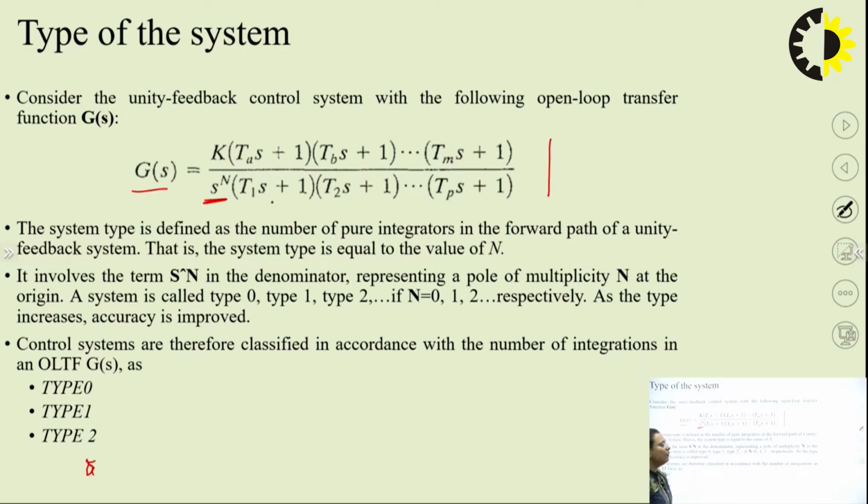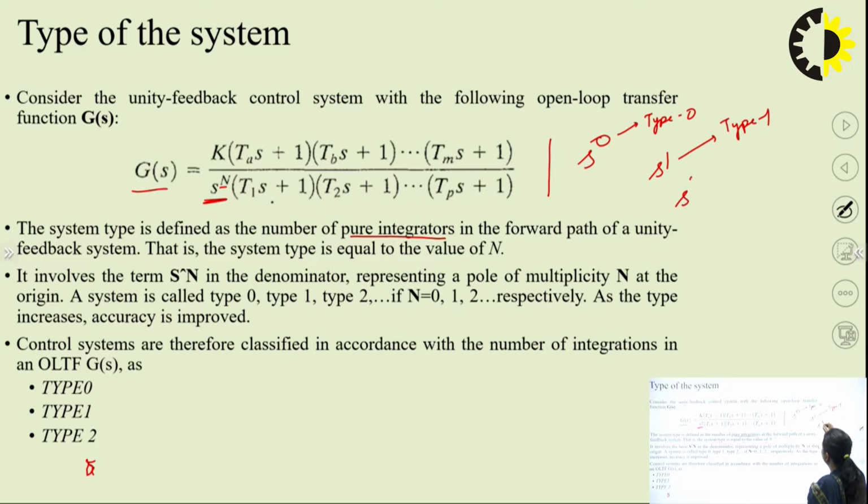So what is the type of the system? The type of the system is defined as the number of pure integrators in the forward path of a unity feedback system. So the type of the system will be equal to n. For example, if the value of n is 0, that means we have s raised to the power 0, so this is a type 0 system. If the value of n is 1, then there is one pole at the origin and the system is type 1.